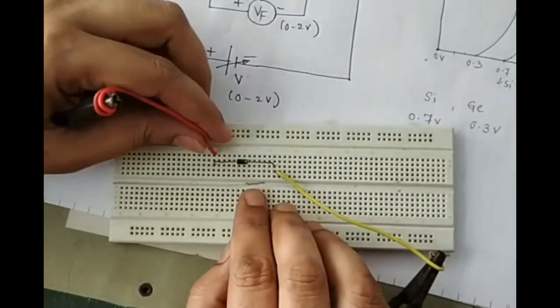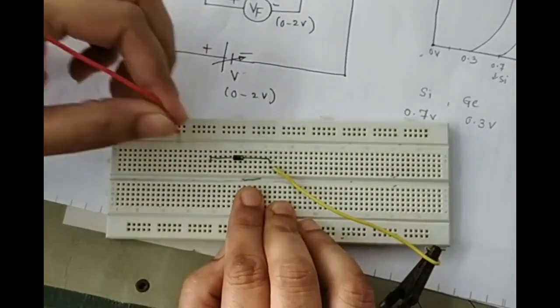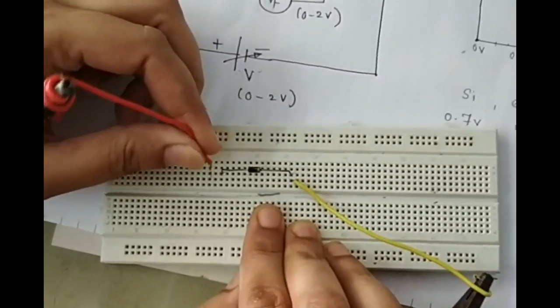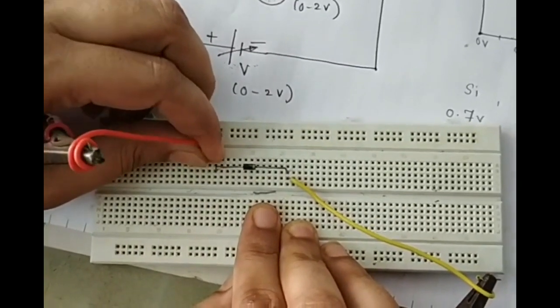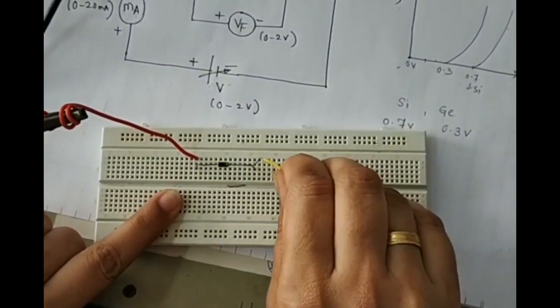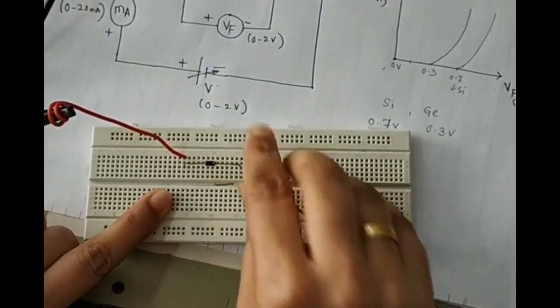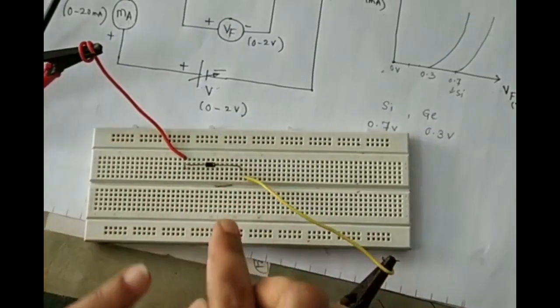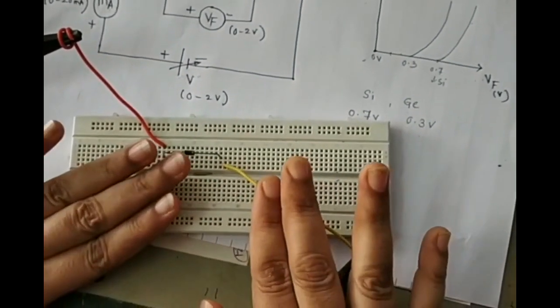In the sense, you cannot connect adjacent left or right or anywhere, because this particular terminal is connected with these 5 holes only. So you can connect here, up, down, anywhere. Anyhow, it should share the same slot. Okay, so this was for forward voltage.